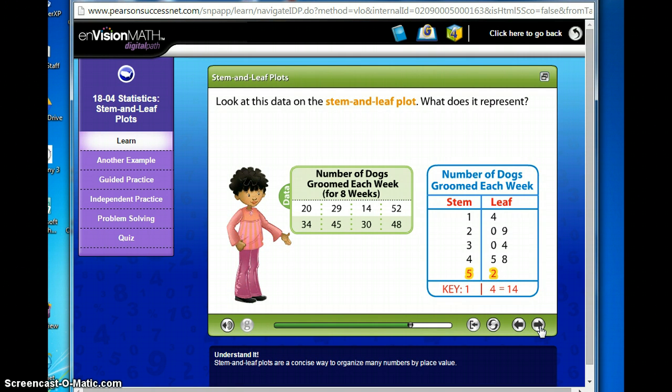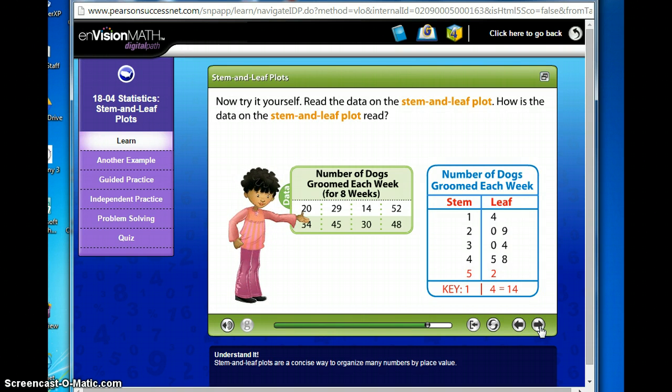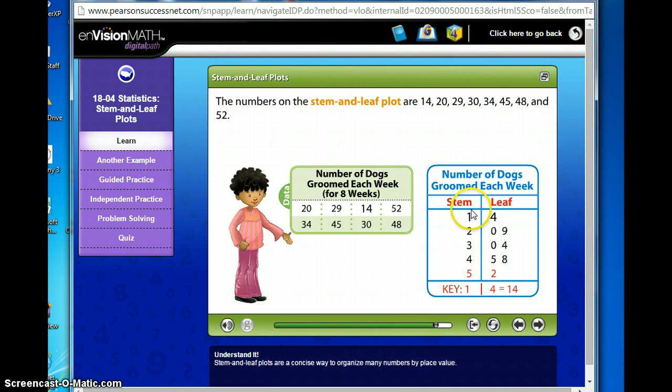Look at this data on the stem and leaf plot. What does it represent? It represents 52. This data represents the data value of 5 tens and 2 ones, or 52. Now try it yourself. Read the data on the stem and leaf plot. The numbers on the stem and leaf plot are 14, 20, 29, 30, 34, 45, 48, and 52.